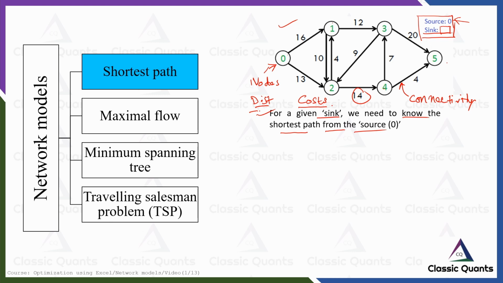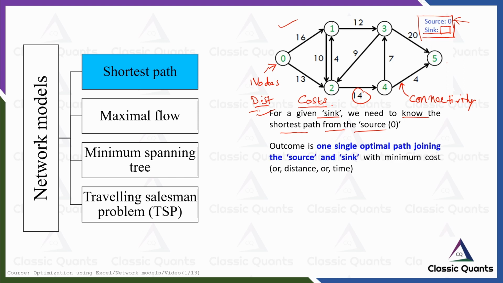Shortest means minimum cost or minimum distance or minimum time. So what is the outcome? The outcome is basically the one single optimal path joining source and sink that will give us the minimum cost or distance or time.